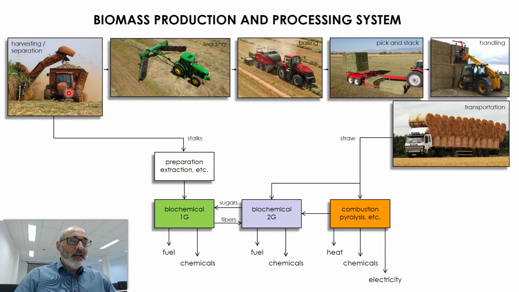So what do you have to do? As I was saying, the stalks collected on these wagons follow the traditional processing path: preparation, extraction, and so on, and you can make ethanol and sugar, for instance. That's what we've been doing since the 70s here in Brazil, or even before that. If you want to collect trash, tops and leaves, straw, you have several agricultural operations.